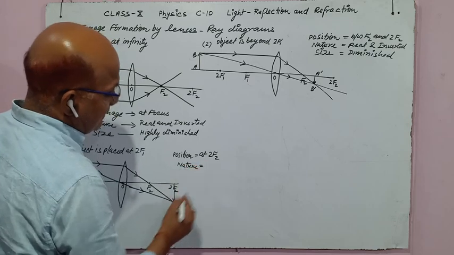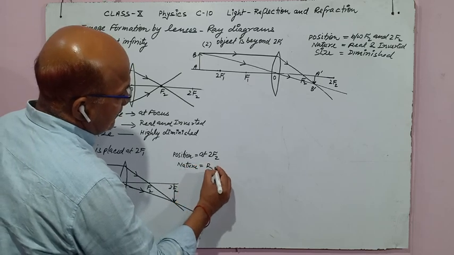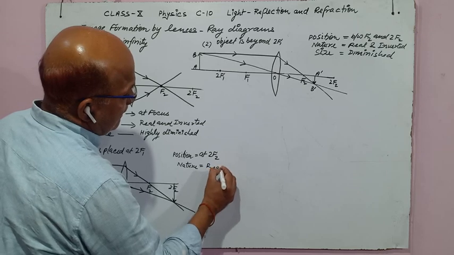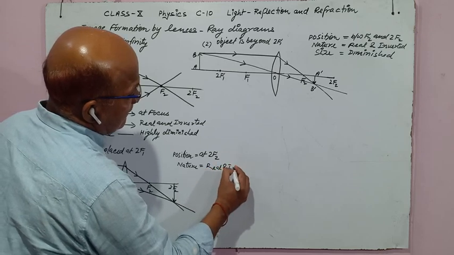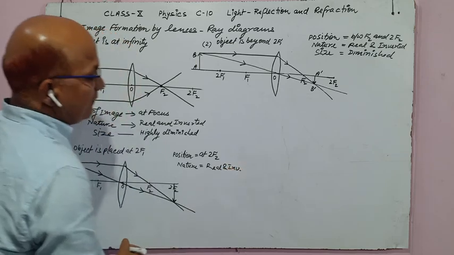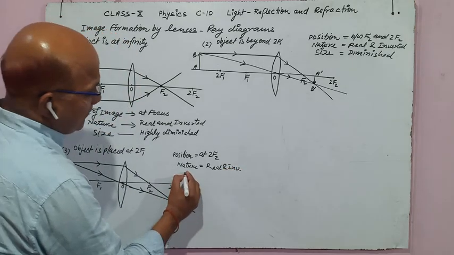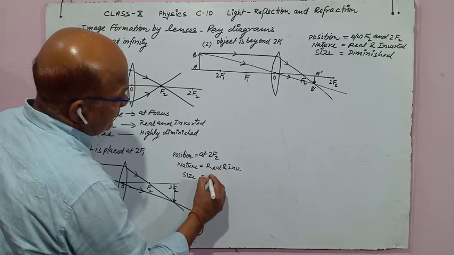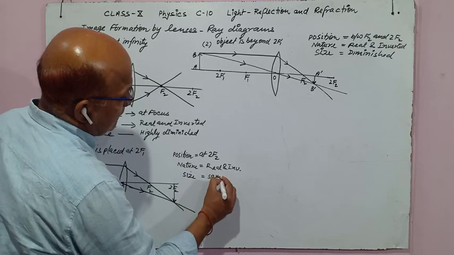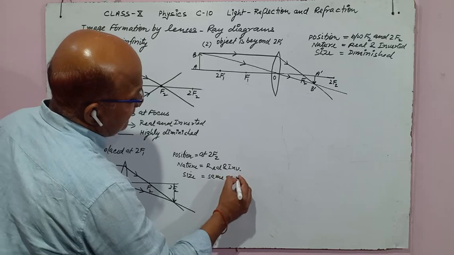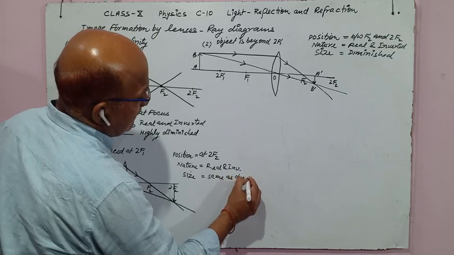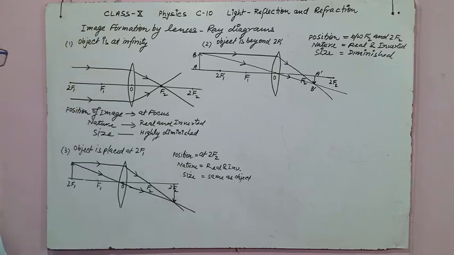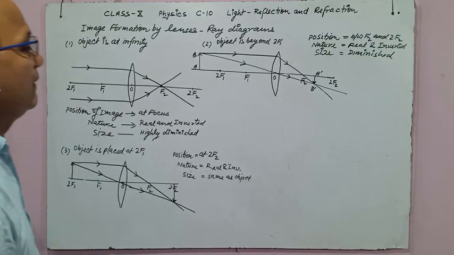The nature of the image will be real and inverted. What about the size? The size of the image is the same as the object. This is the third case.